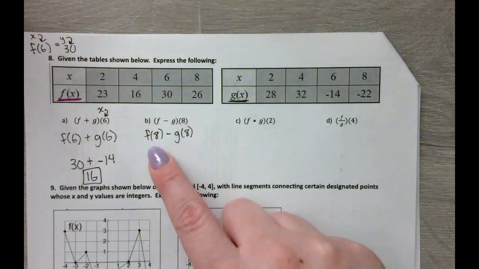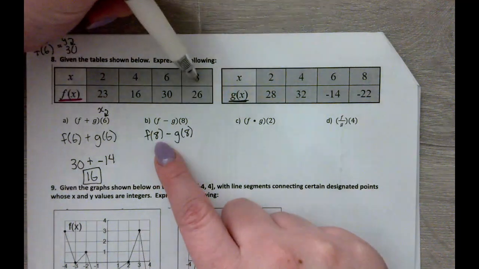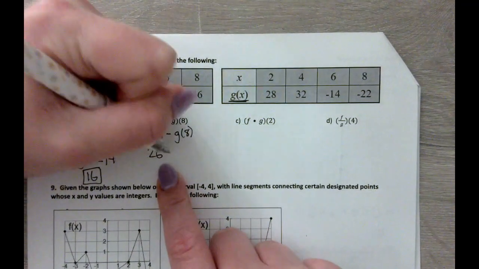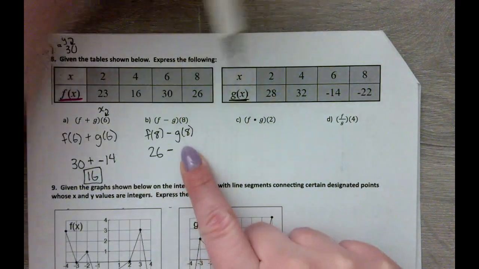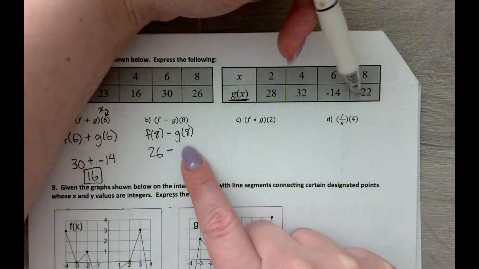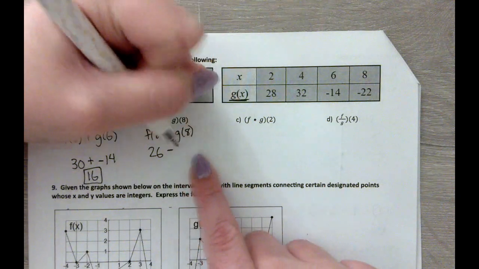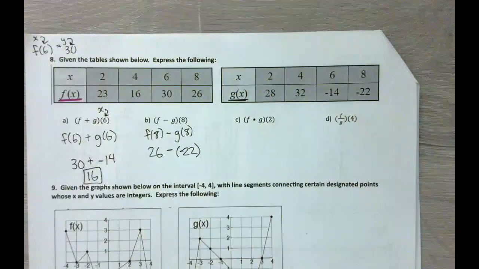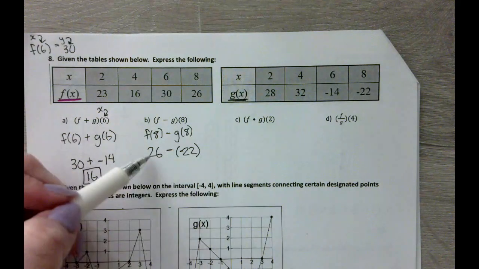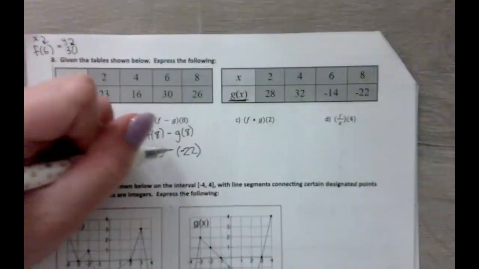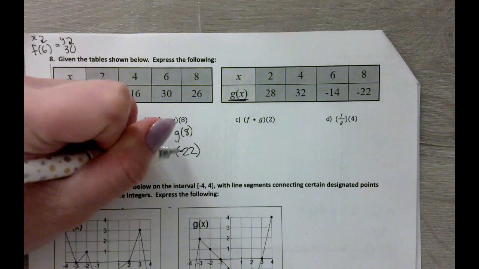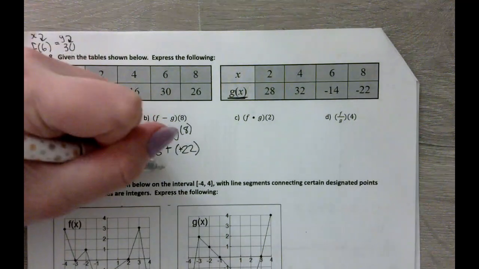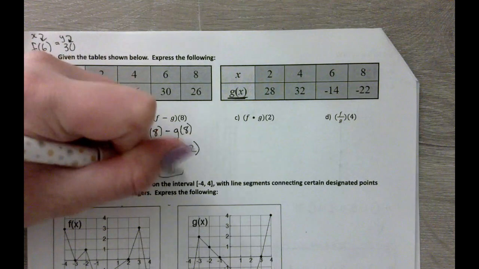So, f function, when x is 8, f is 26, minus g function, when x is 8, y is negative 22. All right, 26 minus negative 22. When we have two negatives in a row, remember they make a plus. So 26 plus 22, that's 48.